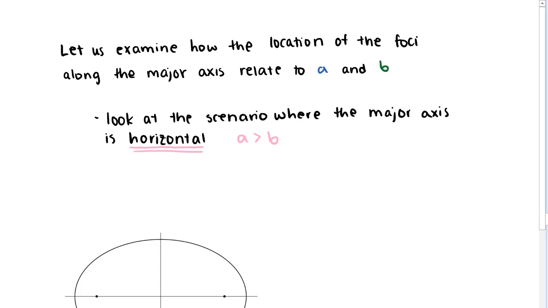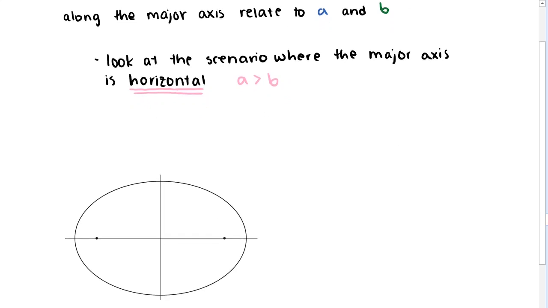And also, for the sake of simplicity, let's think about an ellipse that's centered at the origin. So here, we're looking at x squared over a squared plus y squared over b squared is equal to 1, where a is greater than b.